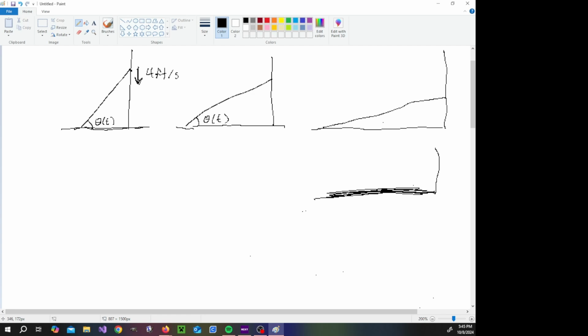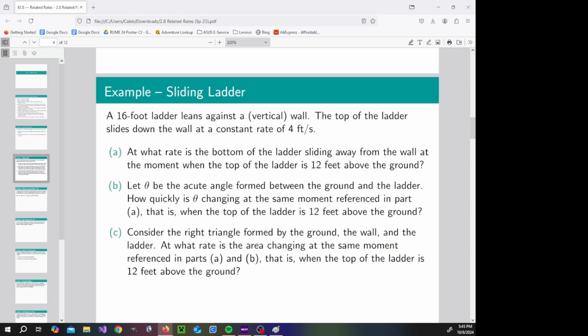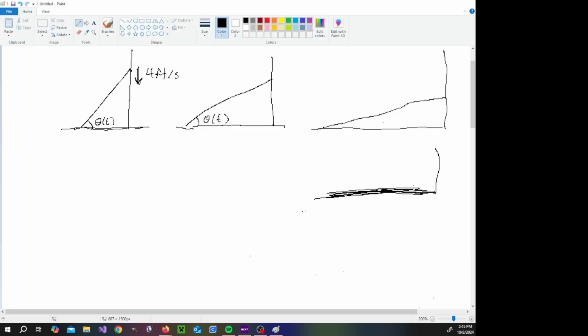And the first thing that the problem actually even said was that the ladder is 16 feet long. It is a 16-foot ladder. So this length is 16 feet. Great. So I'm going to erase the other pictures that are just showing us what's happening over time.